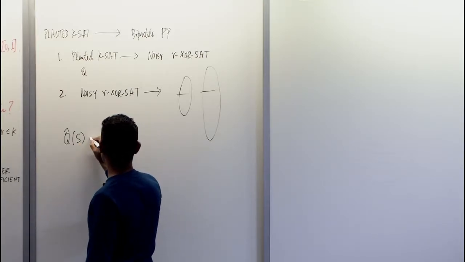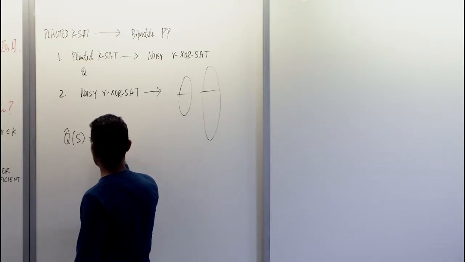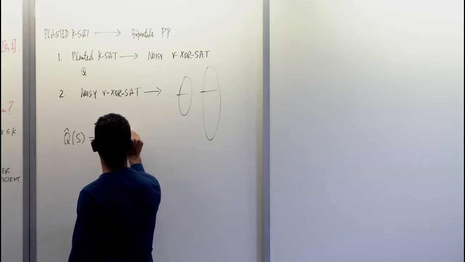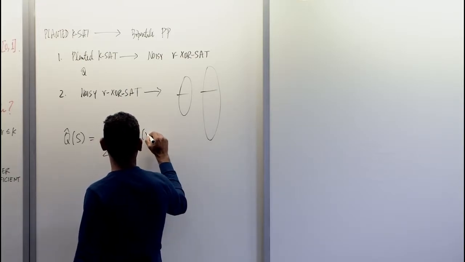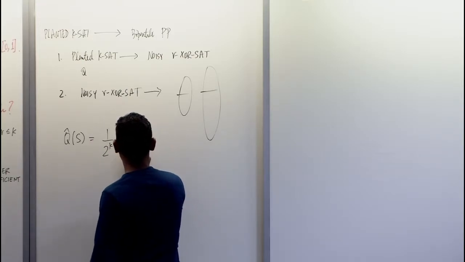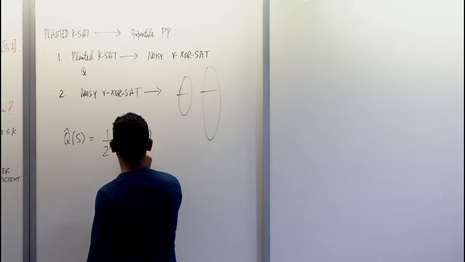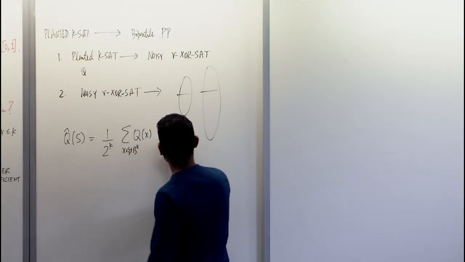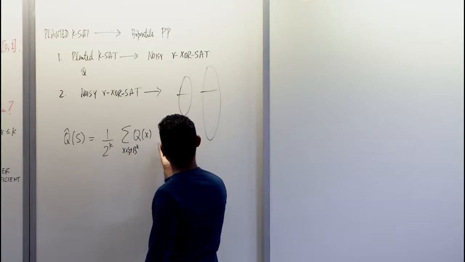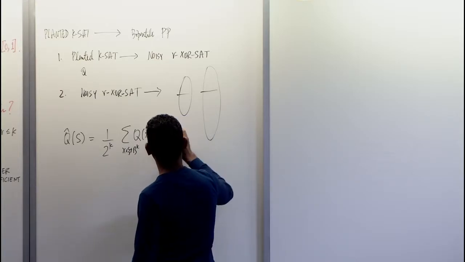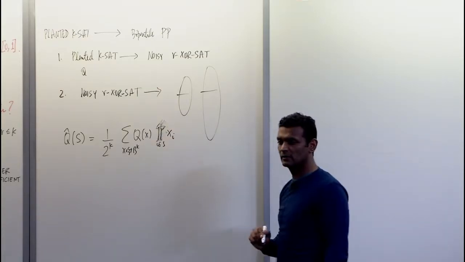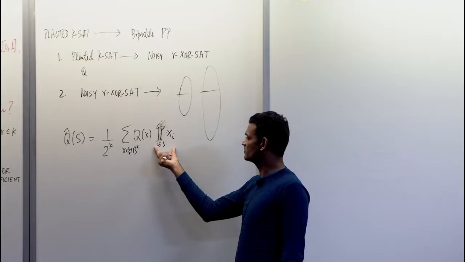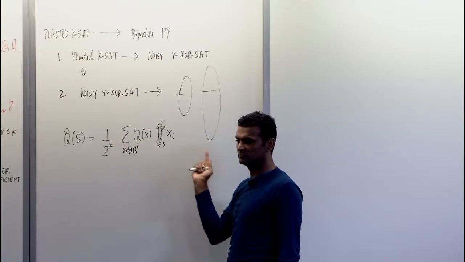Let that be S. So this is the expectation over all, so it's 1 over 2 to the k, the assignments, the sum of the value of, where x is a plus-minus 1 vector, times the polynomial here, which, let me write explicitly, the product over i in S of xi. So this is the term corresponding to S.